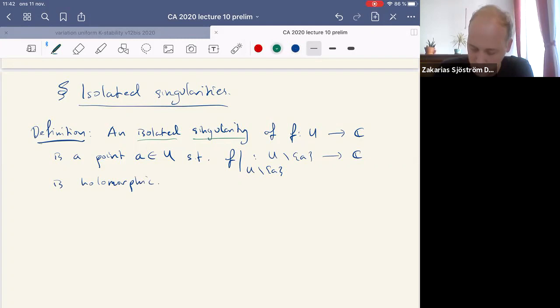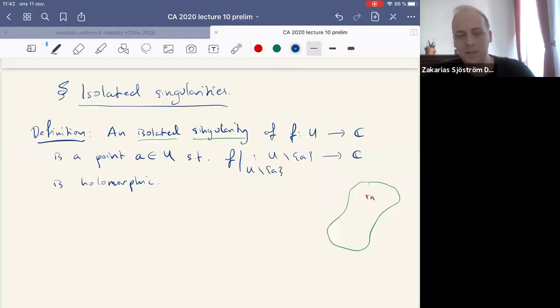Okay, so I just have some U, and then I remove this bad point a, and it is holomorphic everywhere outside. So this means that even if it is possible to define my function in such a way that it becomes holomorphic, then it can still, technically speaking, be called a singularity.